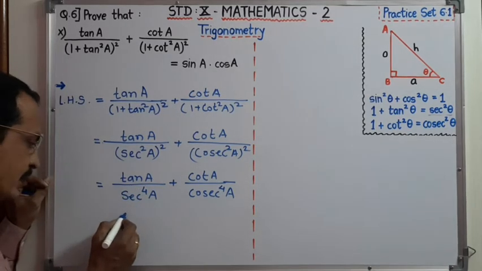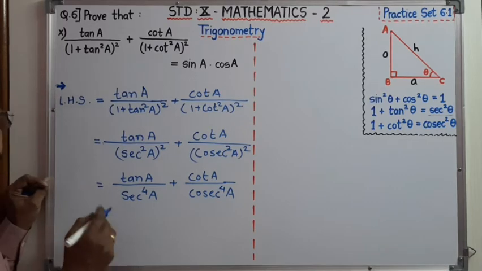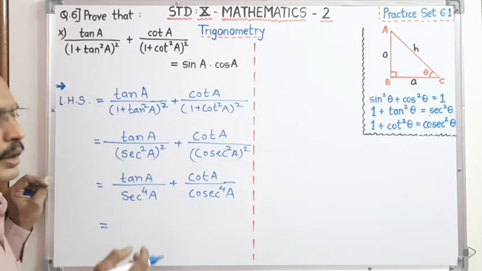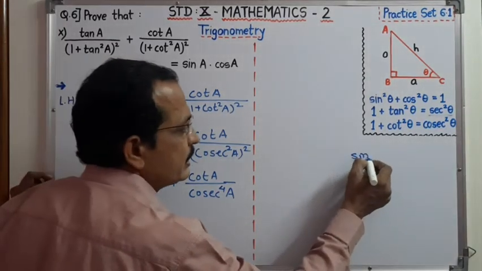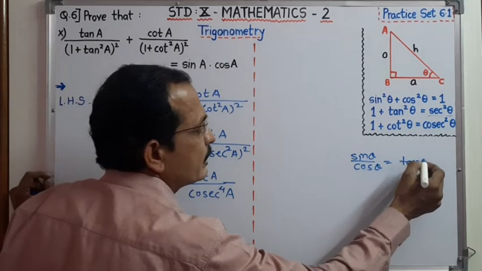That means we can write here dear student, this tan A means we know that sin theta upon cos theta is equal to tan theta. See dear student, sin theta upon cos theta is equal to tan theta.